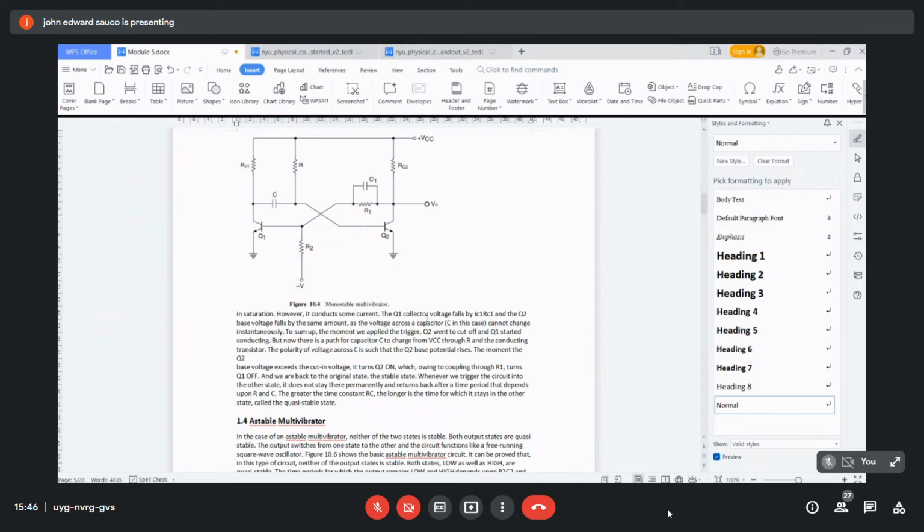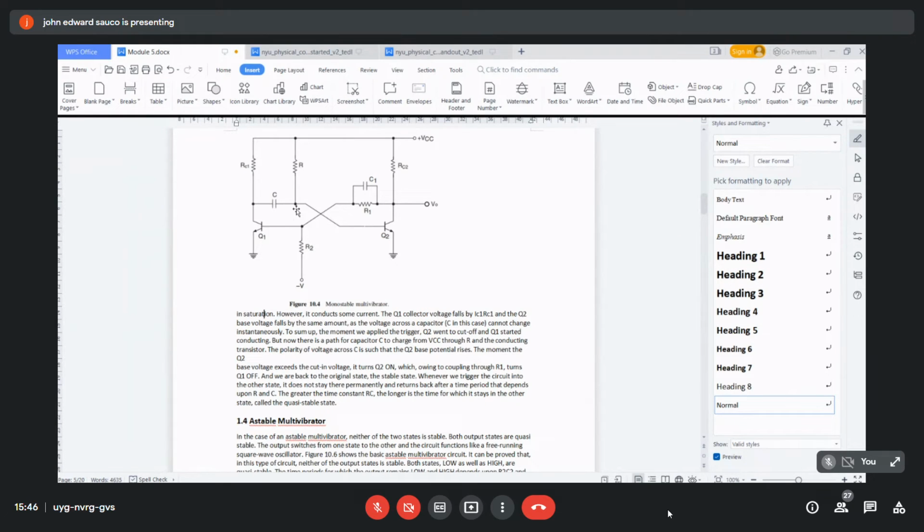So, as the voltage across the capacitor cannot change instantaneously, to sum up, the moment we applied the trigger to Q2 to cut off, Q1 started conducting.